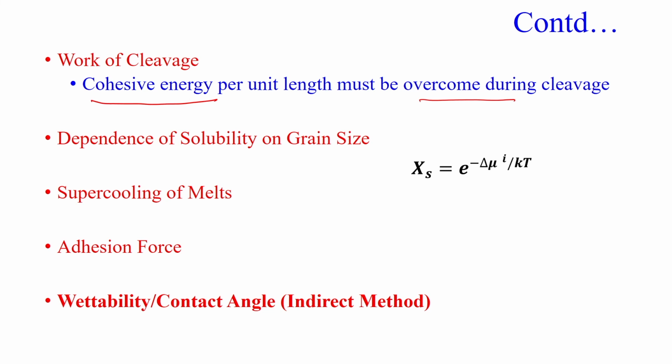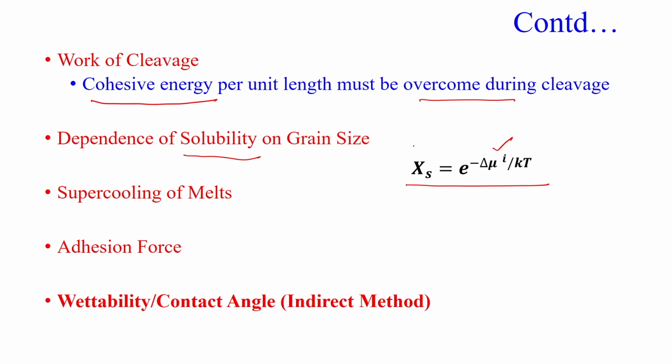Another option is we can just see the solubility. You can put a solid which is soluble in a particular solvent. So, the solubility can be related with its self energy, and self energy is related with the interfacial tension.